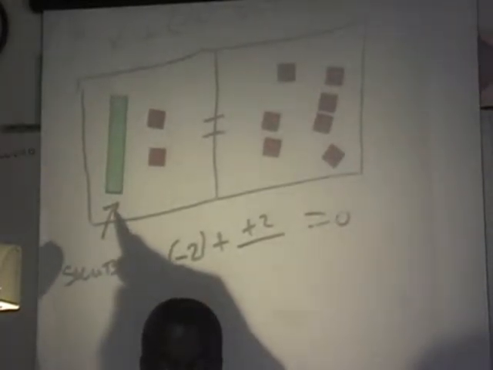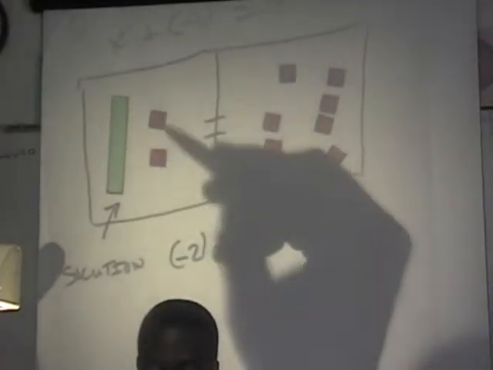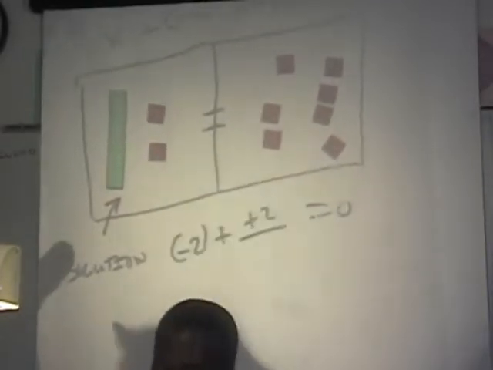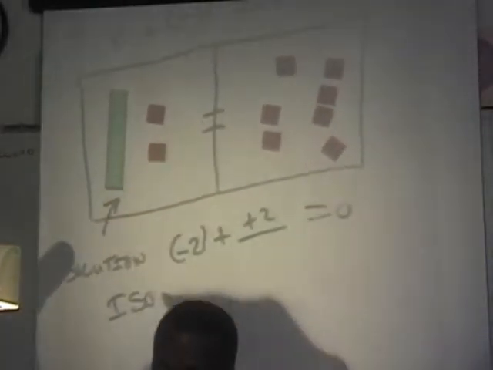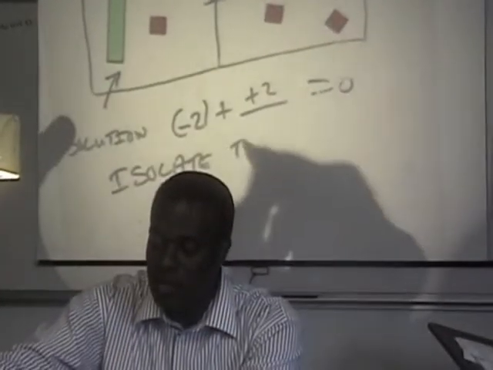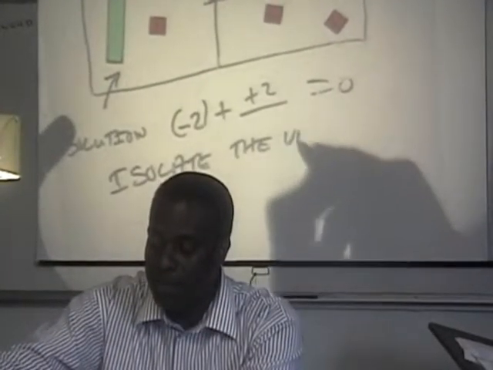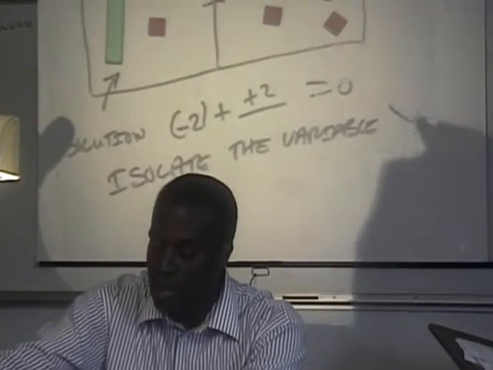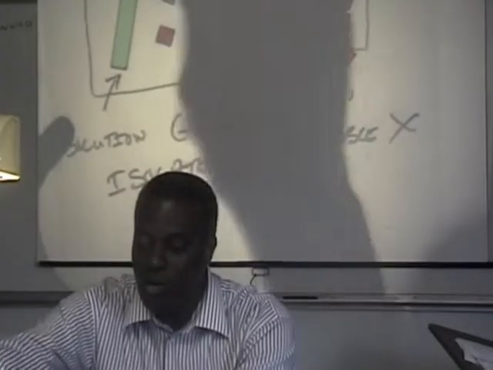So to find out what x is, we must get rid of everything that's on the same side of the equation as the variable. So next, we must isolate the variable x.